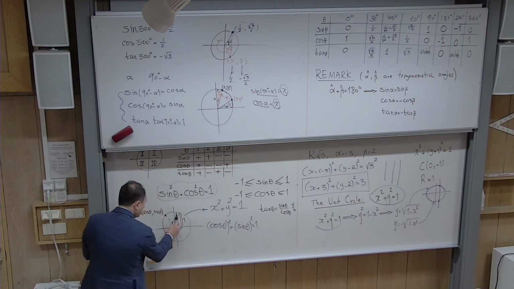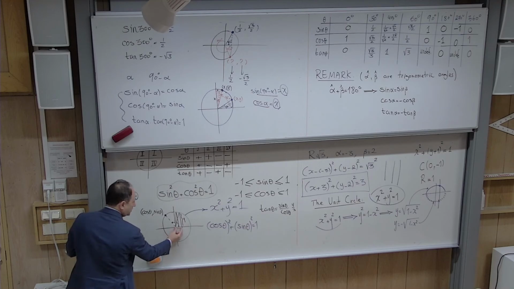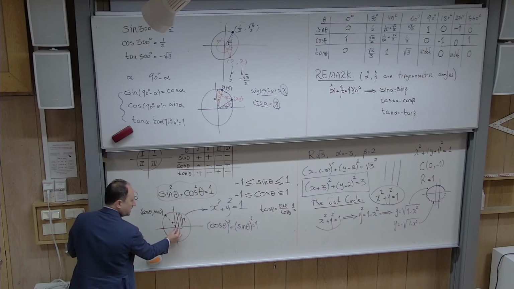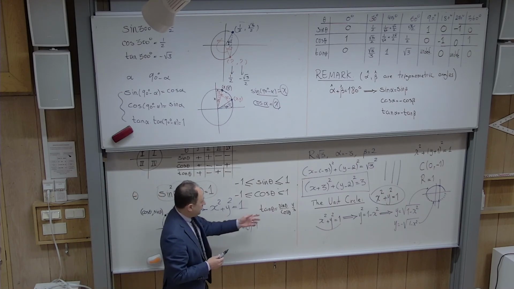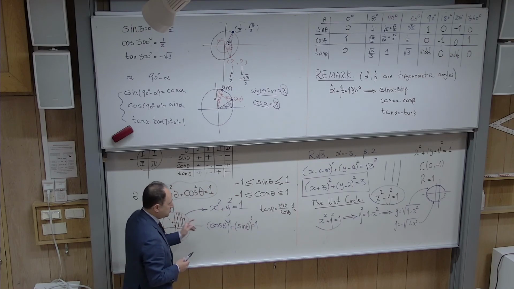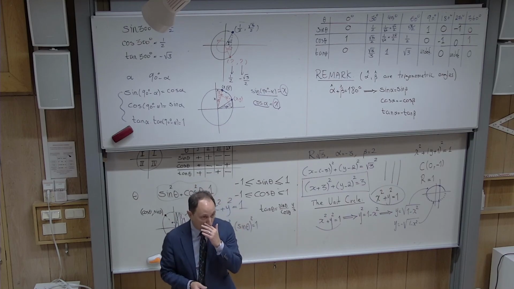Because I can get closer and closer to 90 degrees. This x value will shrink and get closer and closer to 0. If it is extremely close to this point, then x is really, really small. And of course, y is not small, it remains around 1, but the denominator is extremely small, so this means tangent can blow up.